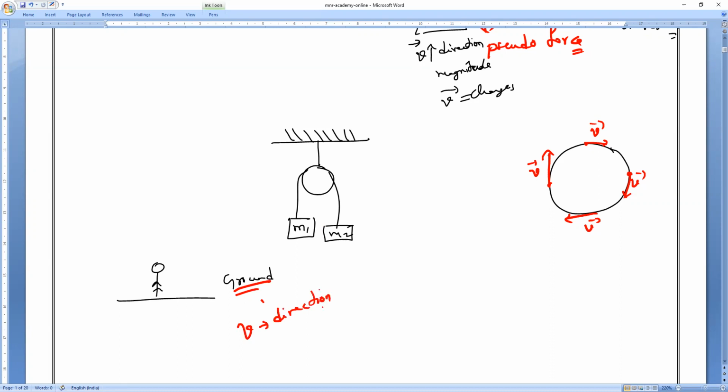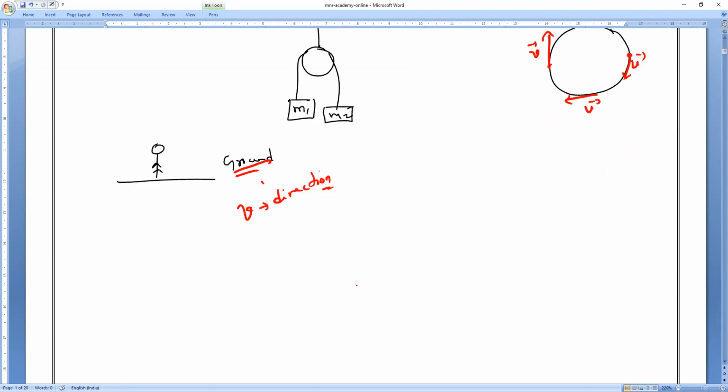So is it an inertial frame of reference or non-inertial frame, everyone? It is a non-inertial frame. Acceleration is not equal to 0. But what are we assuming? As we all know, Earth takes much time. Earth's velocity is very, very small.